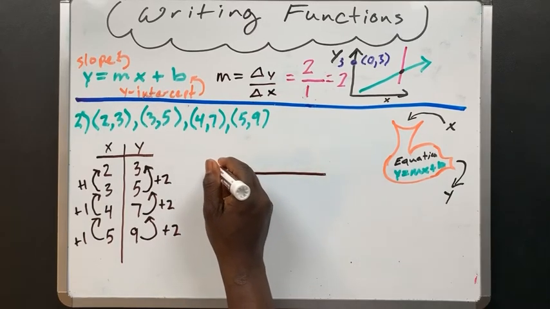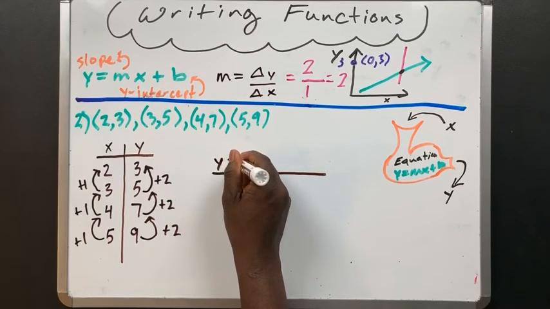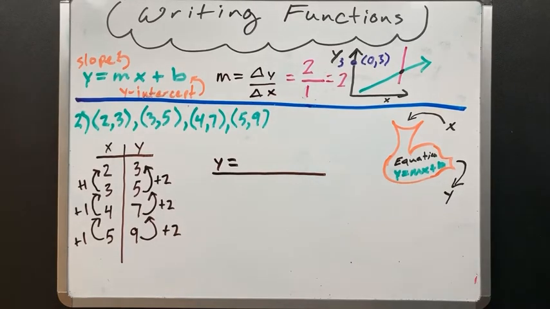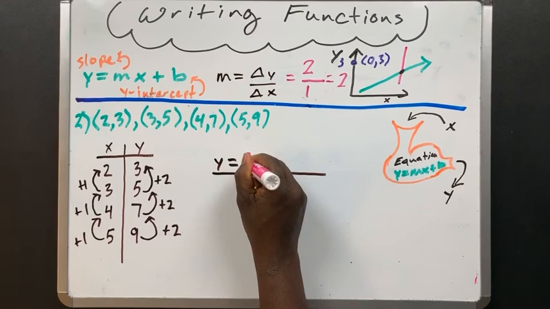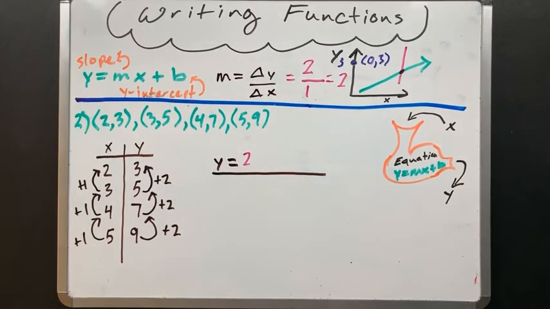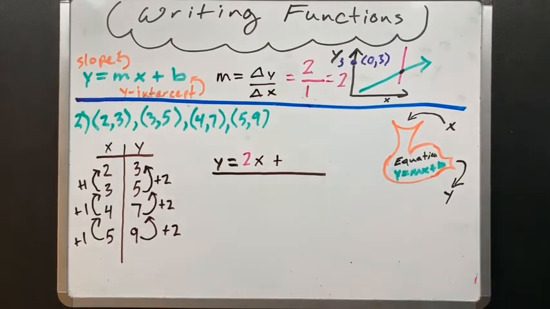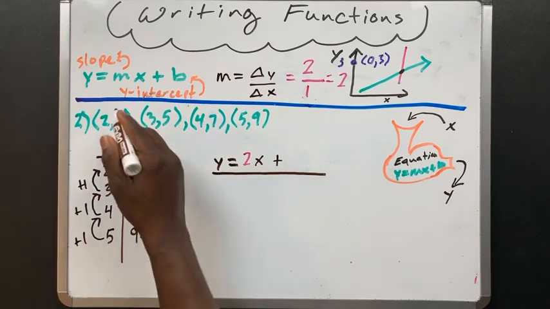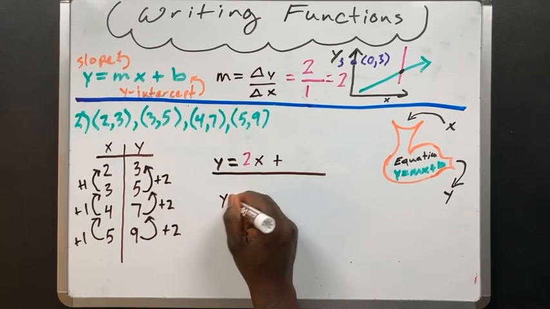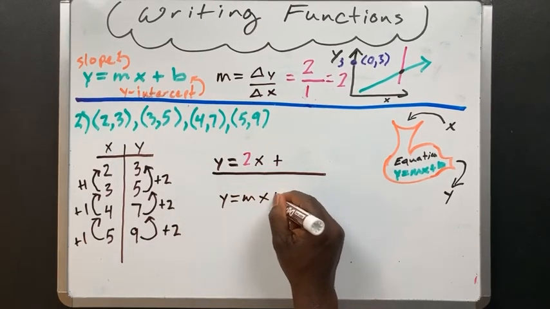Okay, we know that y equals, and we know what the slope is. The slope is 2 times x plus, but we don't know the b value. What we're going to do is rewrite this equation here: y equals m times x plus b.